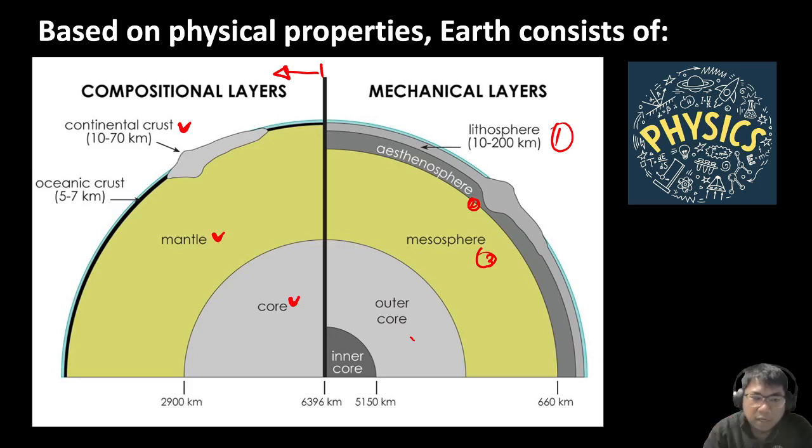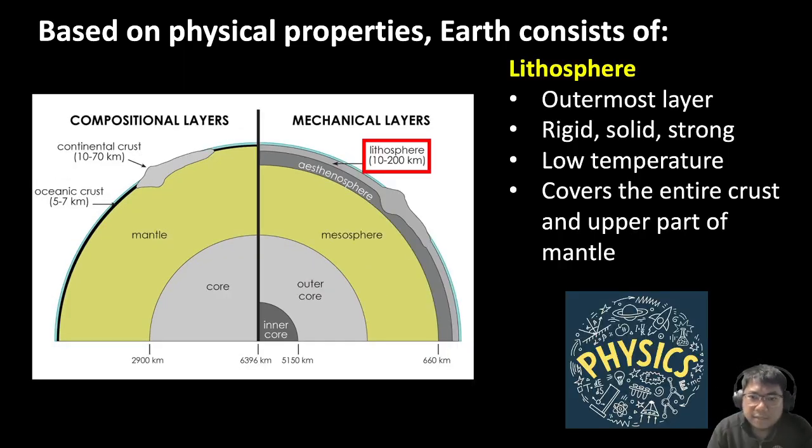I have to say here that the lithosphere, as you can see in this illustration, actually covers the entire crust plus the upper part of the mantle. So that's basically the definition of the lithosphere.